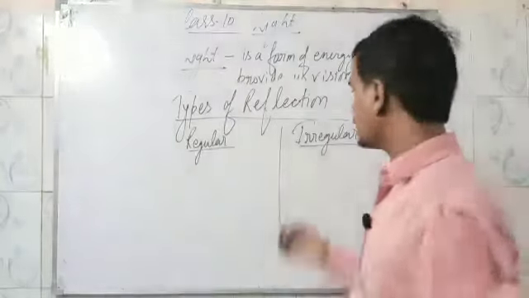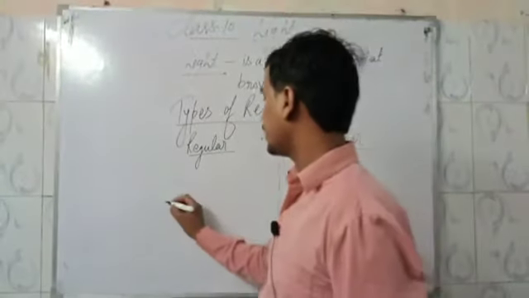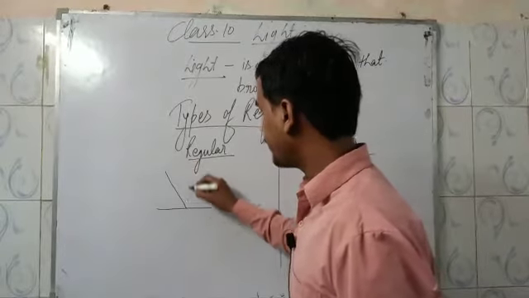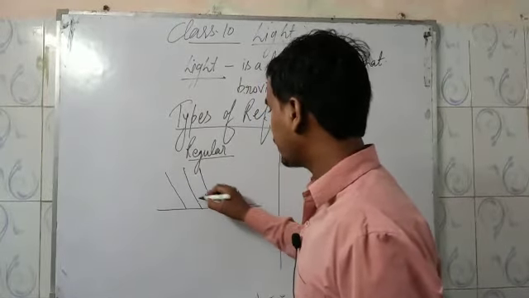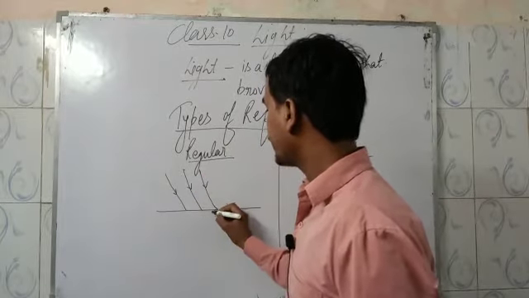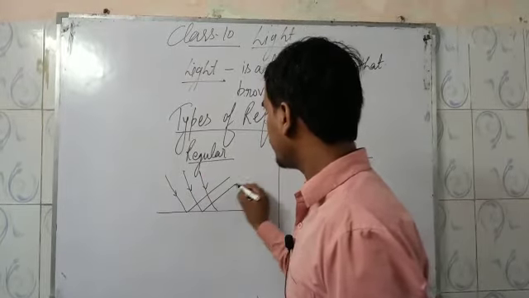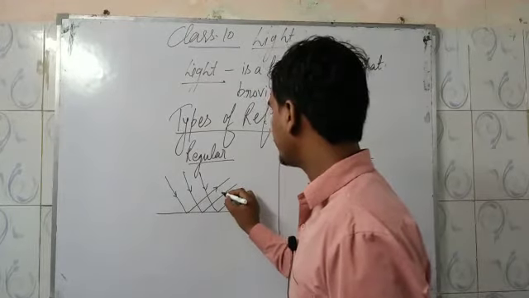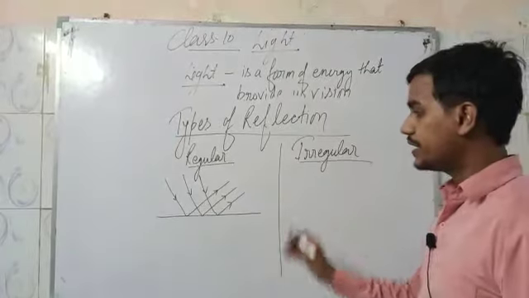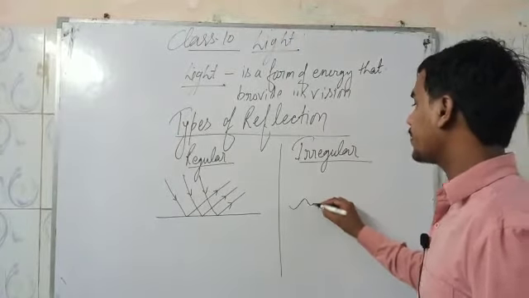What are regular and irregular reflections? We can understand it by the diagram. These are the parallel incident rays, and after striking, they move like this.